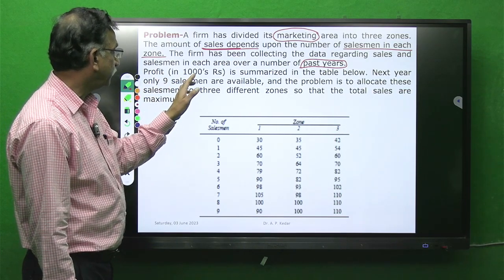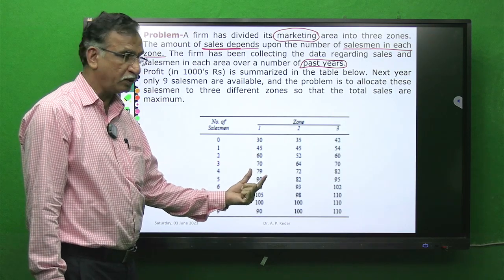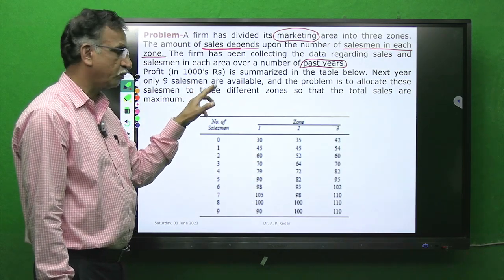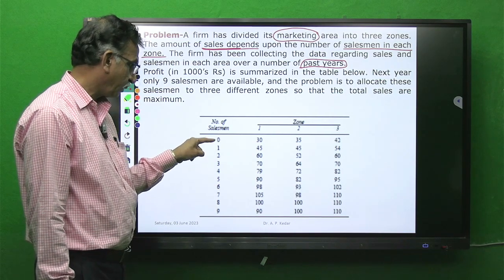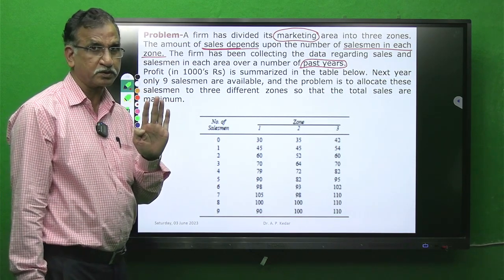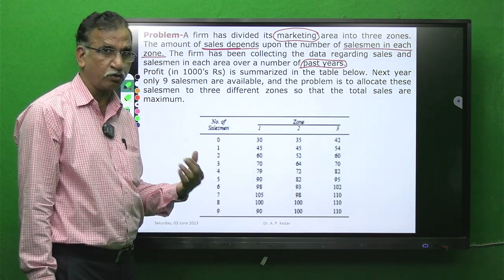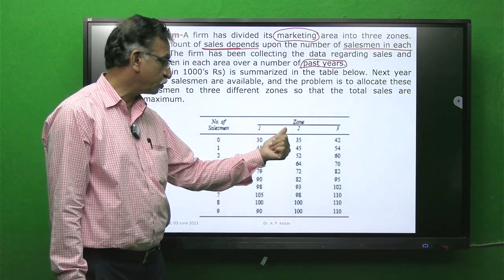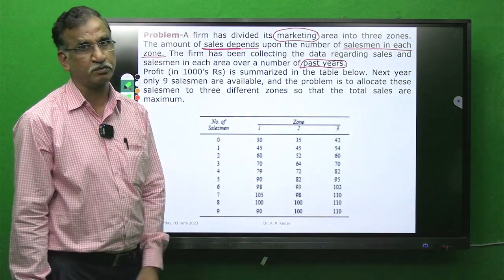The profit is in thousands of rupees; whatever values are given in this table are in thousands of rupees. The number of salesmen ranges from 0 to 9, meaning a total of 9 salesmen are available, and the 9 salesmen are to be distributed in zone 1, zone 2, zone 3 simultaneously so that sales is maximized.